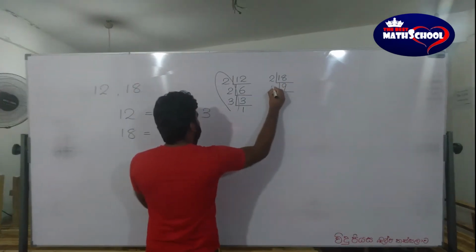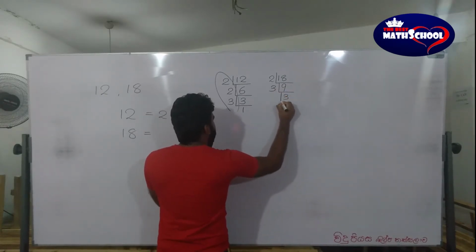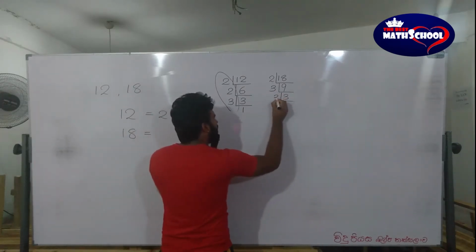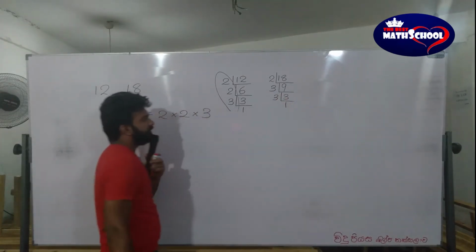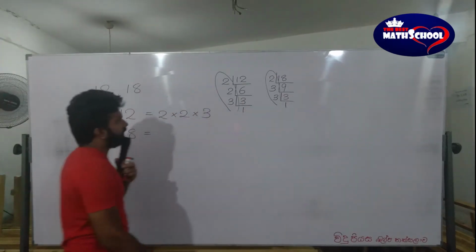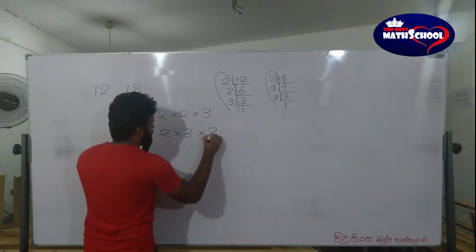So let's move to divide it by 3. 9 divided by 3, it will be 3. Again 3 is not divisible by 2. So move with 3. 3 divided by 3, it will be 1. So we can write it as a product 2 into 3 into 3.